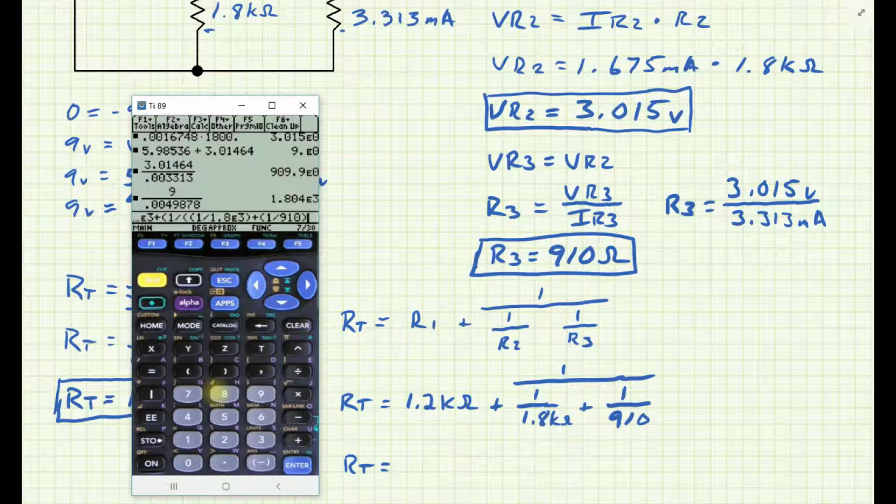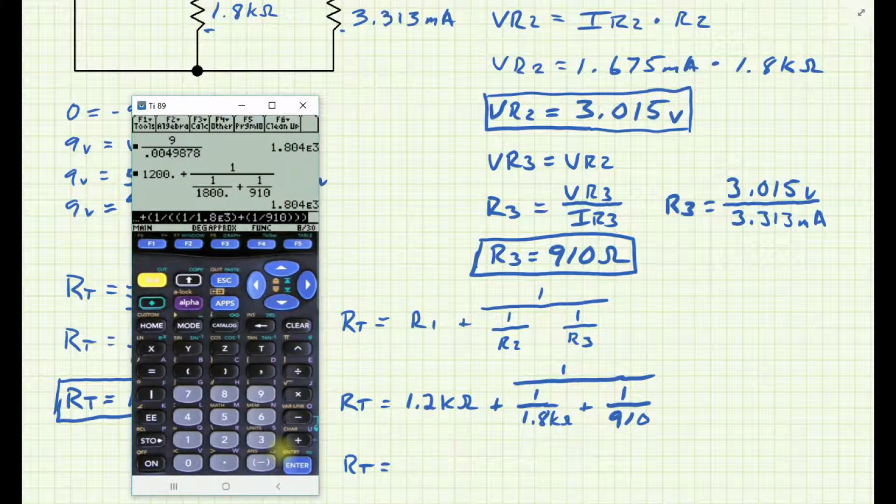Let's make sure I have enough parentheses on this thing and see if I can make the calculator happy about it. So I did manage to get it in there. 1200 plus the 1 over, the magical, amazing reciprocal formula, the conductance formula.